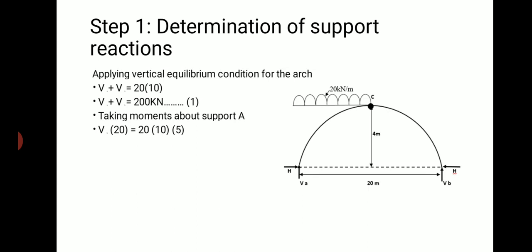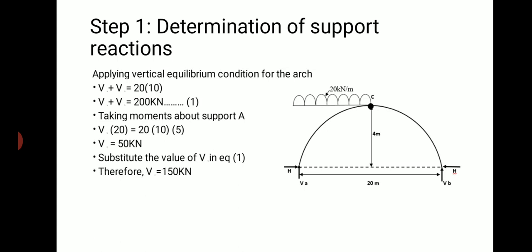I have equated anti-clockwise moments equal to clockwise moments. Therefore, if I simplify that equation, VB will be equal to 50 kilonewton. Then if I substitute the value of VB in equation 1, I'll get VA as 150 kilonewton.